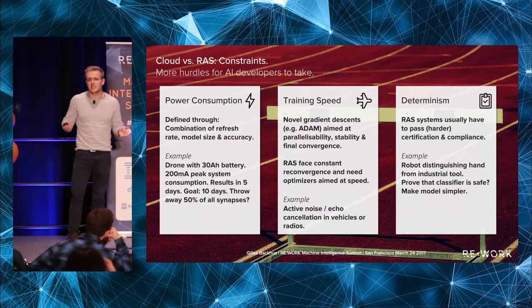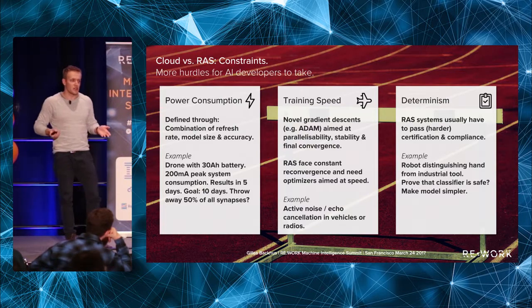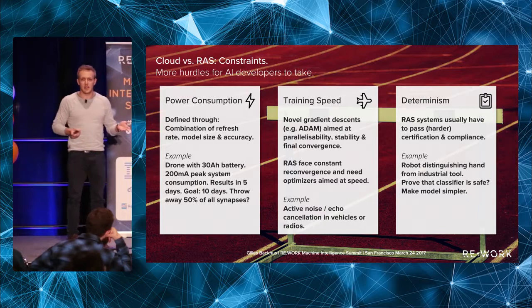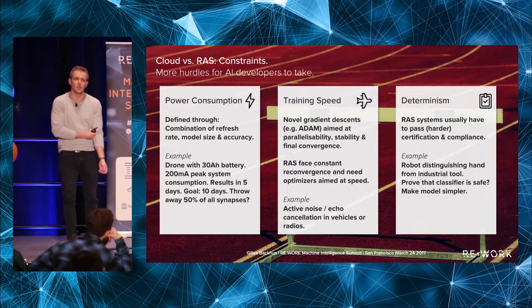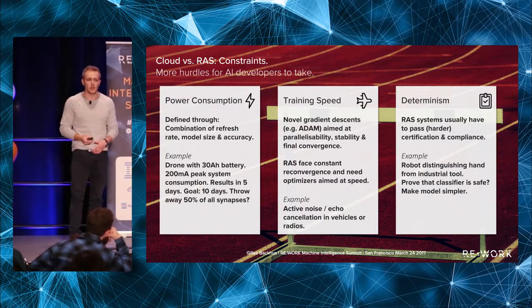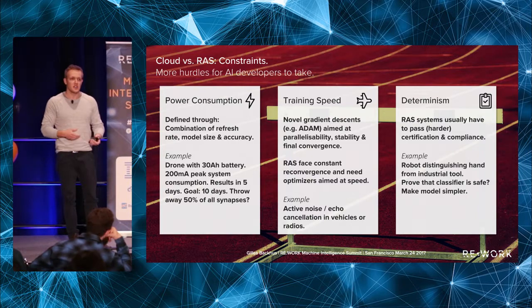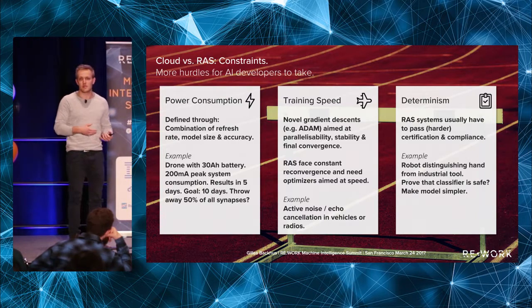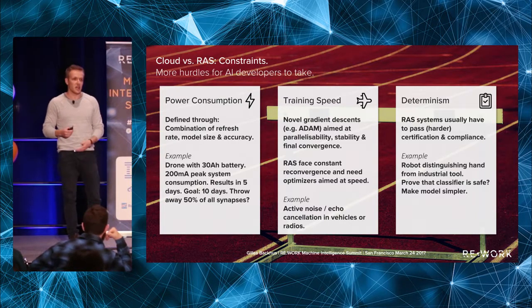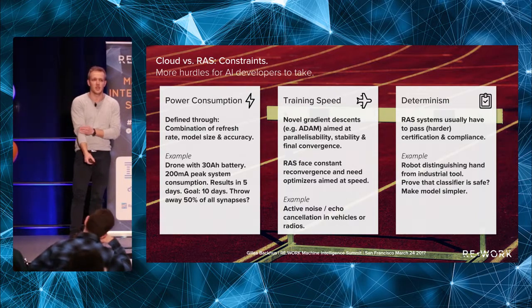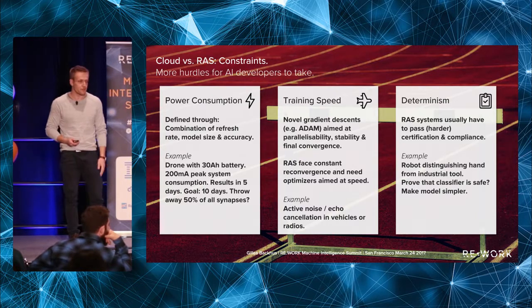What if your customer wants 10 days or 20 days? How do you do that? Do you have to throw away 50% of all your weights, of all your synapses in your neural network? That could happen. Or you have to hardcore optimize. You have to maybe substitute the controller for something else. But in the case of Reality AI, as we heard today, sometimes you just have to work with whatever you get.